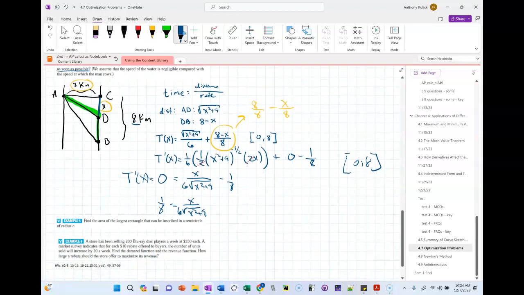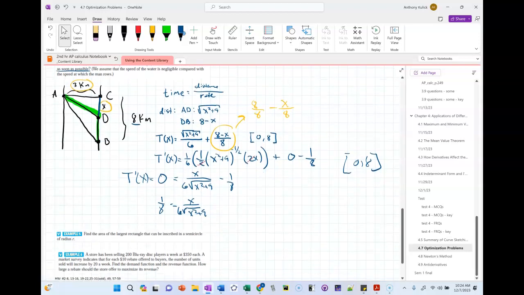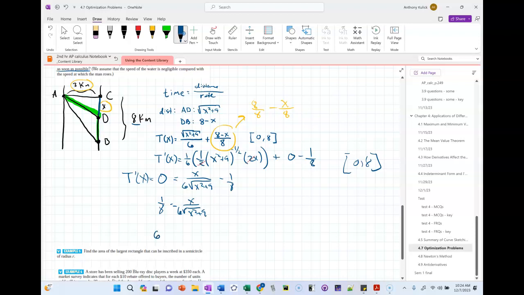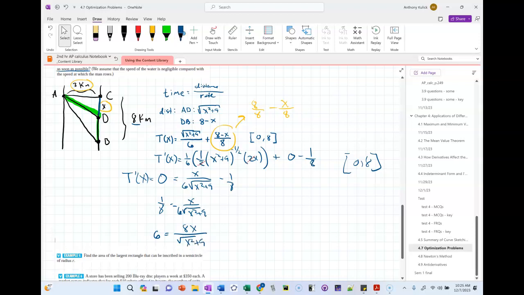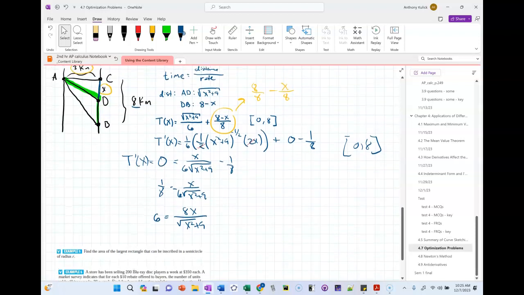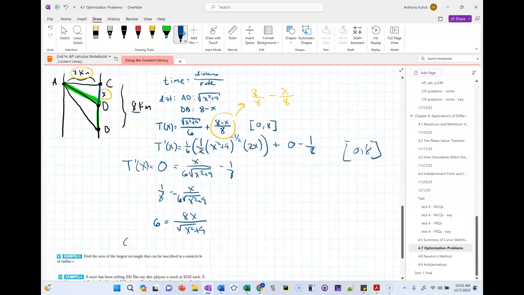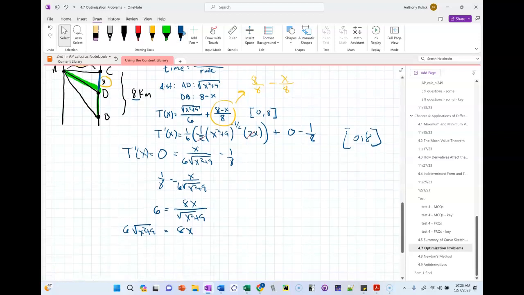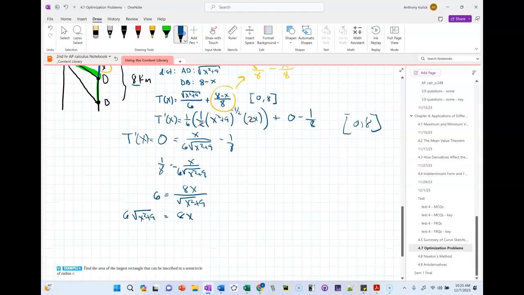And then I would multiply both sides by 48. That'll get rid of the constants in our denominator. And then multiply both sides by square root x squared plus 9. And then we square both sides.